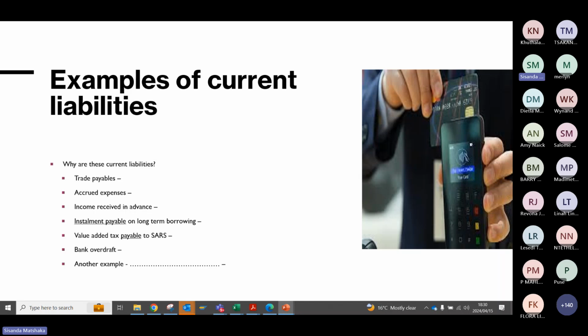And if you look at trade payables, by the nature of the account, it is a current liability type of account. So with that, you would still classify it as a current liability.